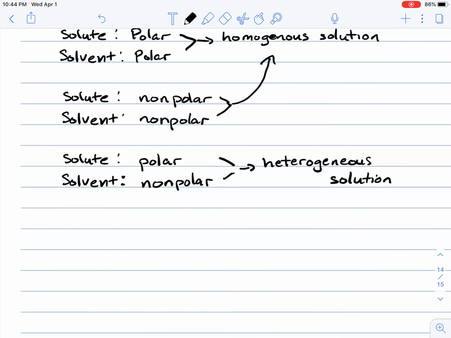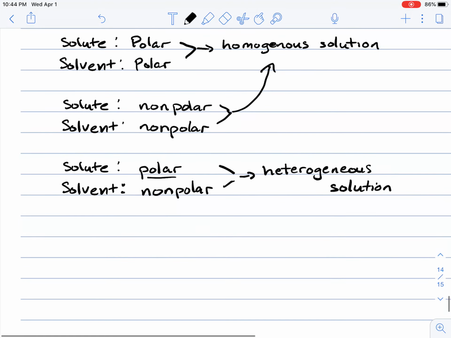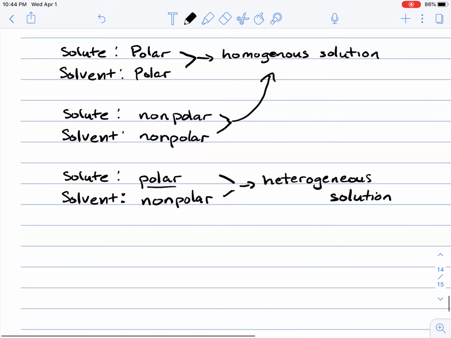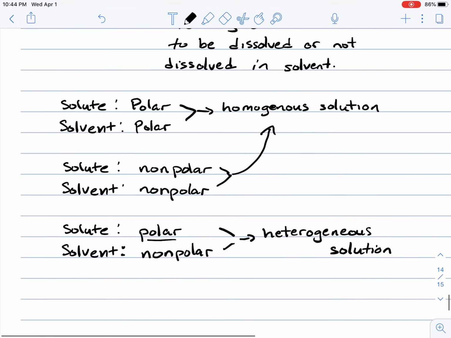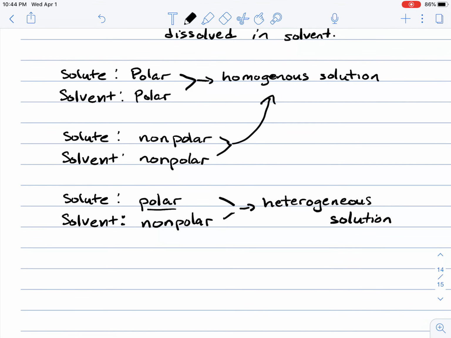Because the differences in polarity between solute and solvent does not allow both of those molecules to interact through intermolecular forces. And so that's the main driving force of this specific topic.